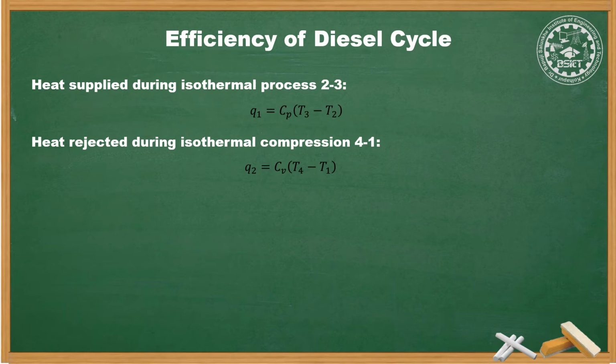These are the main points to be noted down. We know the work done is heat supplied minus heat rejected, that is Q1 minus Q2. We can write the work done W equals Cp into (T3 minus T2) minus Cv into (T4 minus T1).